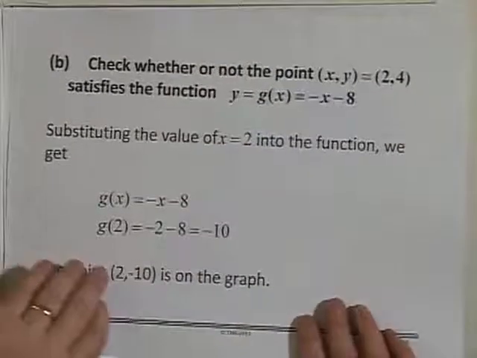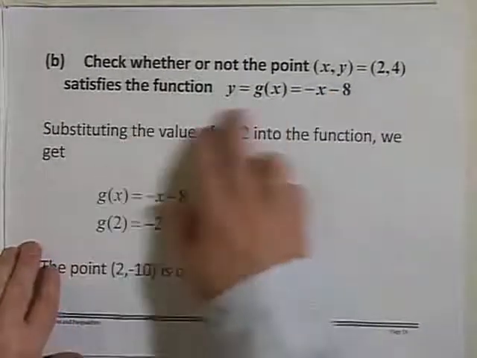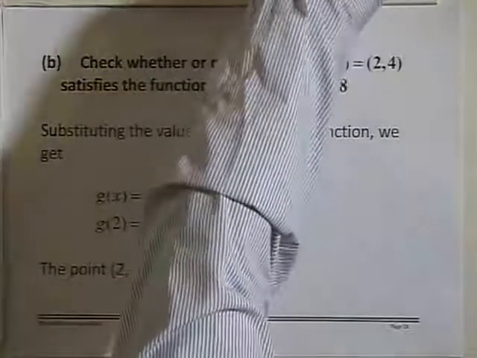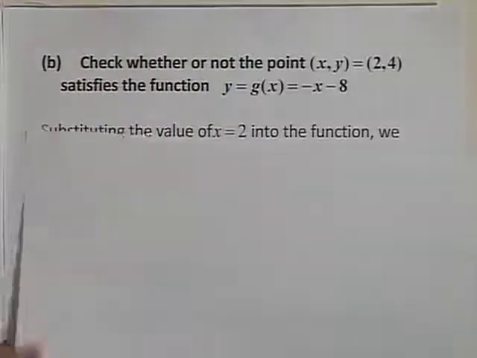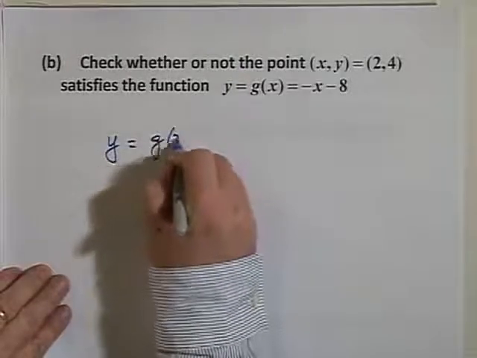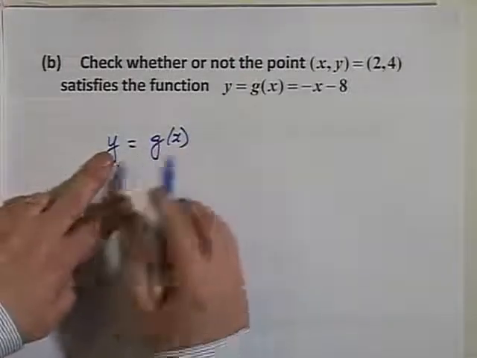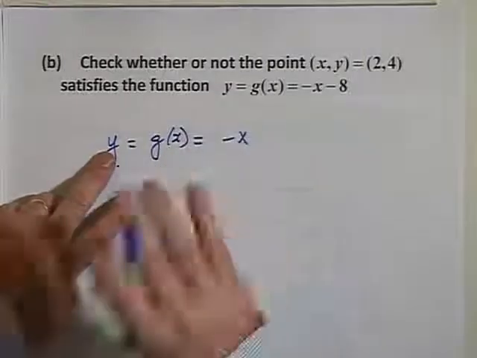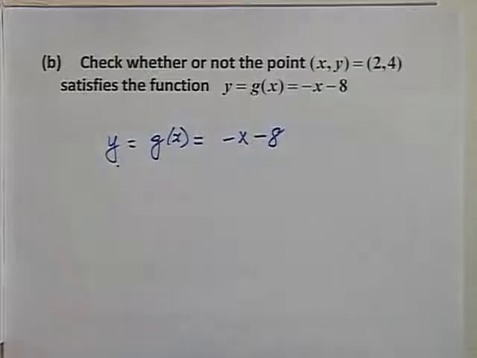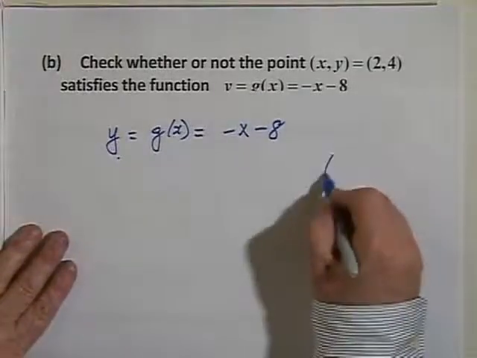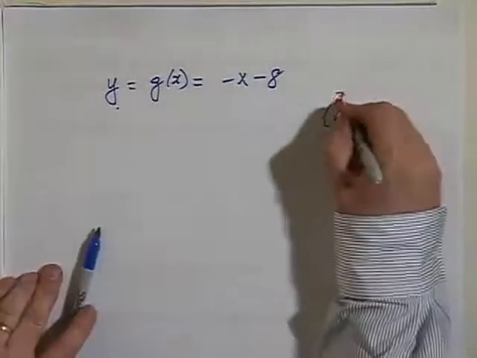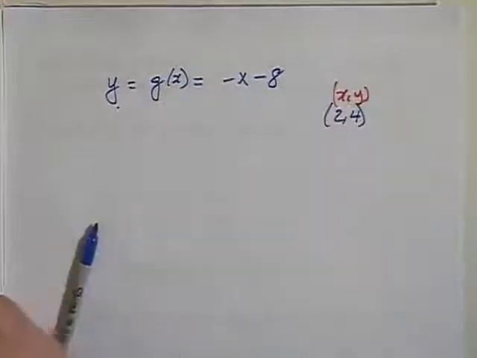Now, check whether or not the point (2, 4) satisfies the function. So, a different graph here. We say y, in this case, is g of x, because everything is really y. If you've got x on one side, you have y on the other. You've only two variables. So we're saying let's see if the point (2, 4), the point is always (x, y), satisfies the function.